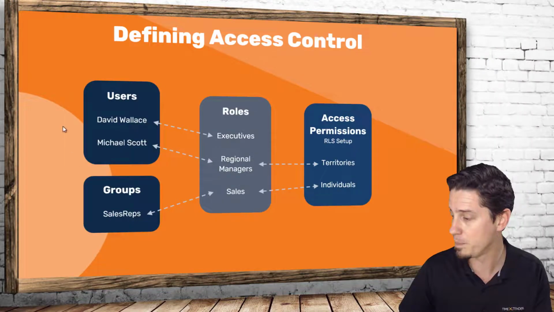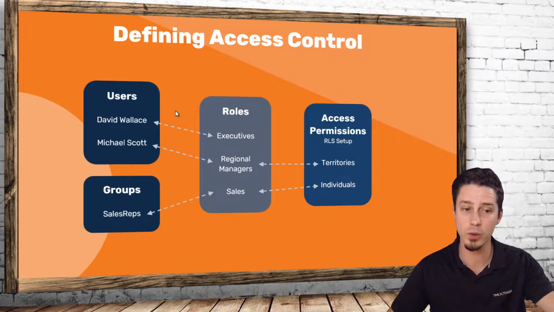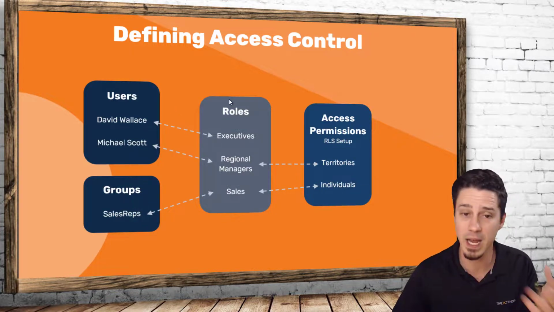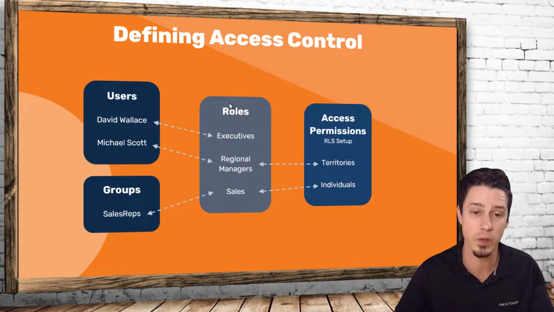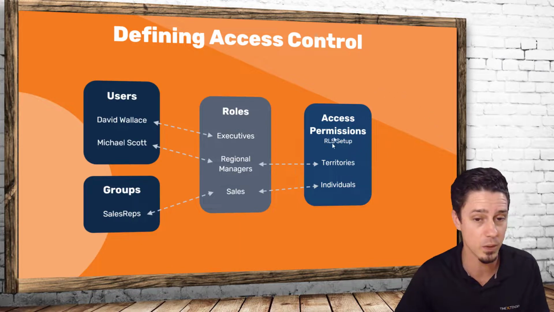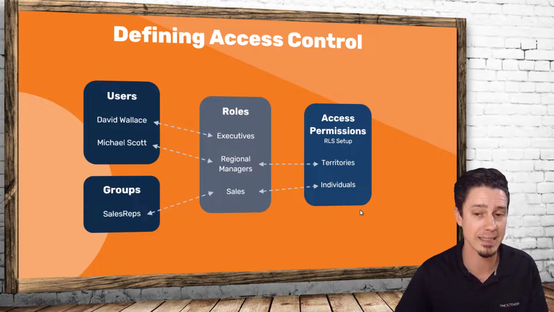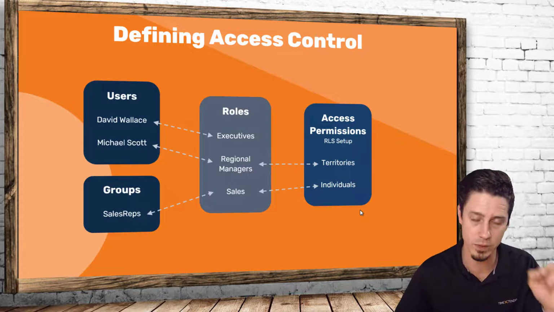So again, we'll do a quick review. First thing that you want to do here is define your users, define your groups in Active Directory. And then in TimeXtender, in your semantic model, you're going to create your roles, add those users or groups into those roles. And then you're going to set up your access permissions on the field level. So pick a field that you actually want to filter on, which values in that field you want to actually filter on.